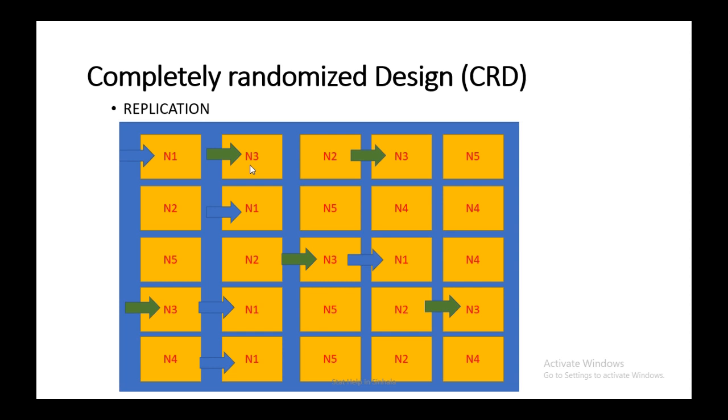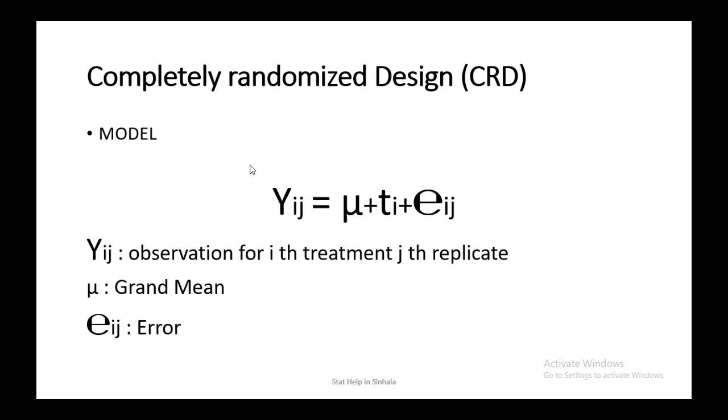When you look at the model, you can understand how we are going to reduce the random error by using the replicates. This is the statistical model we are going to use for completely randomized design. Here you can see the model: Yij = mu + tau i + Eij.